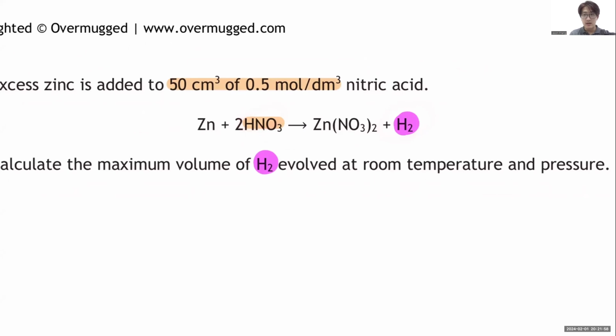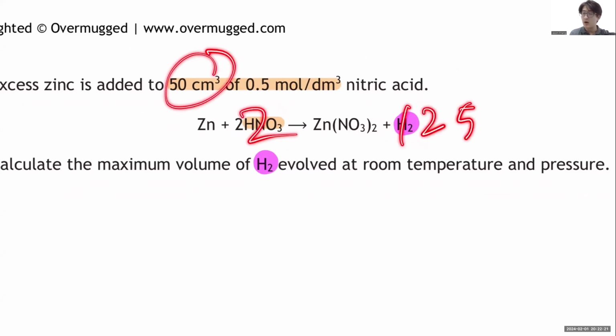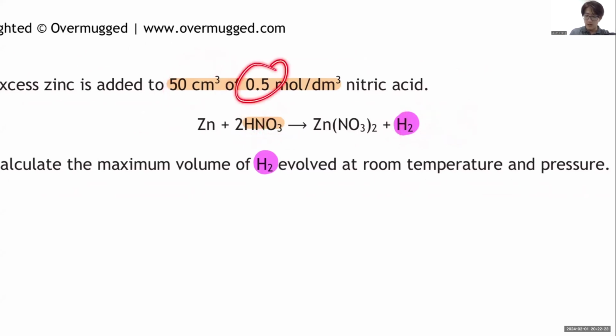How to find this? In a chemical equation, we use our ratios, isn't it? This is a 2 is to 1. Why is it 2 is to 1? In the equation, no number means 1. So therefore, 50 is 2 is to 1, therefore 25? Then this one, 0.25.